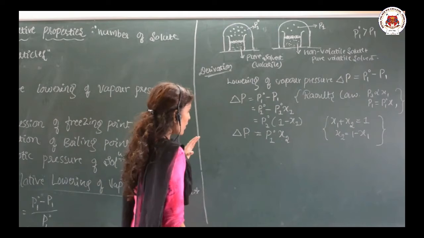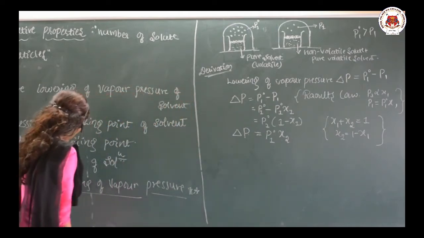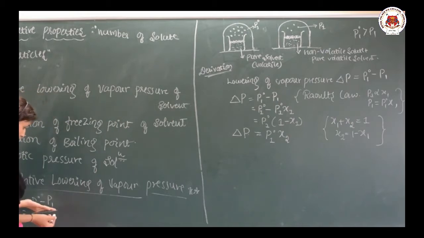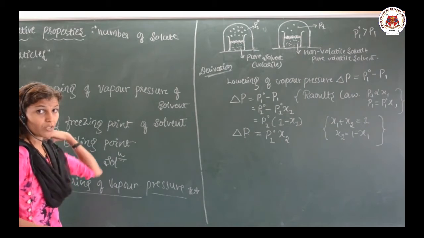Okay, what are we talking about? We are talking about the relative lowering of the vapor pressure. See here, the relative lowering of the vapor pressure is the ratio of the lowering of the vapor pressure to the vapor pressure of the pure component.